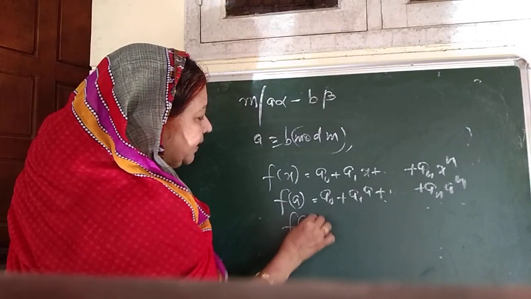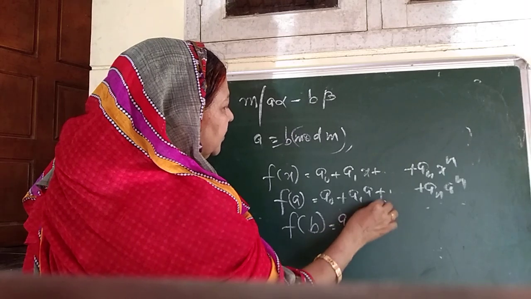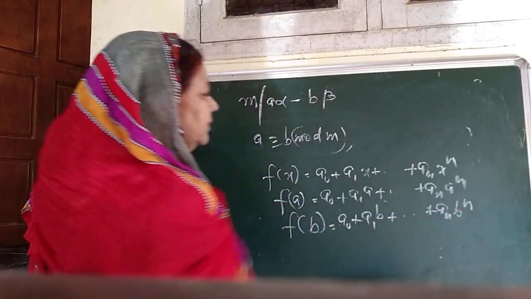Similarly, f of b equals a naught plus a1 b plus etc. plus an b raised to n.